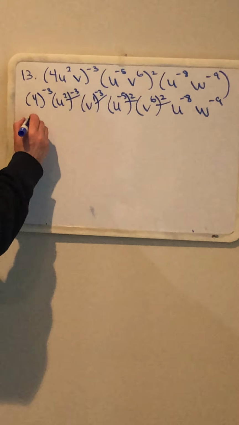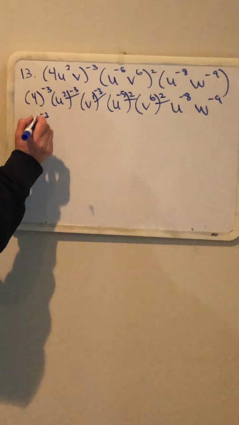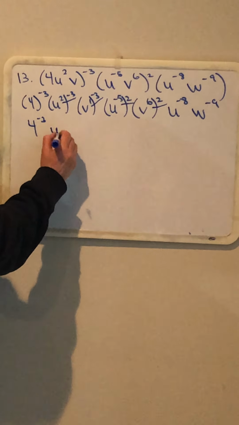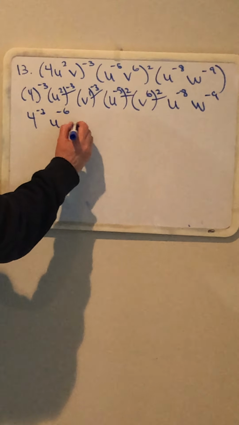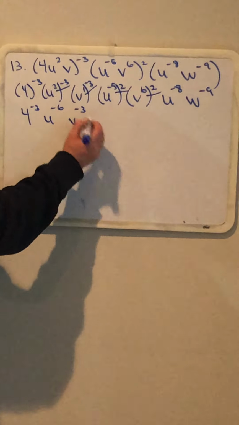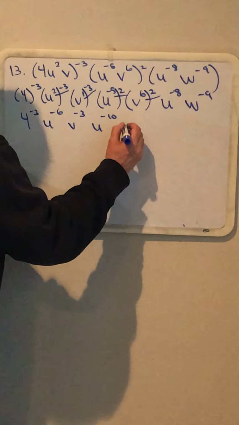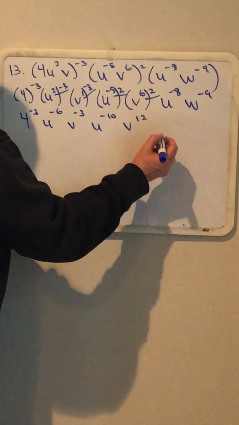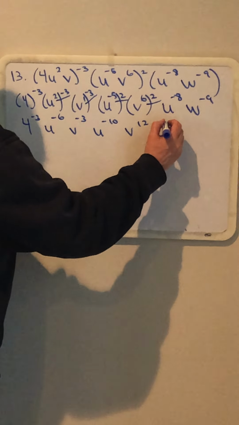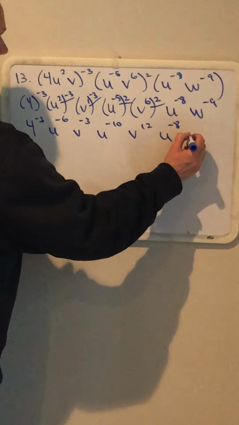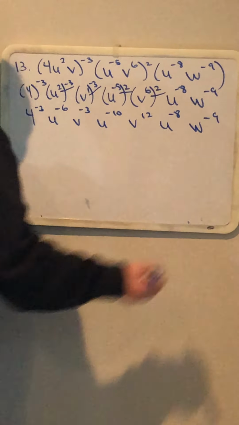So now I have 4 to the negative third, u to the negative sixth, v to the negative third, u to the negative 10th, v to the 12th, u to the negative 8th, w to the negative 9th.